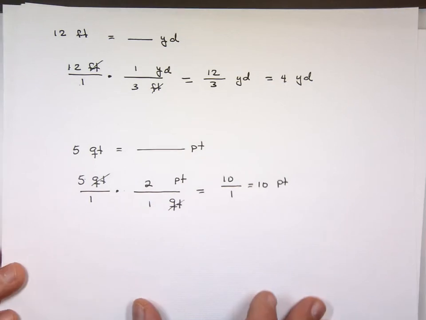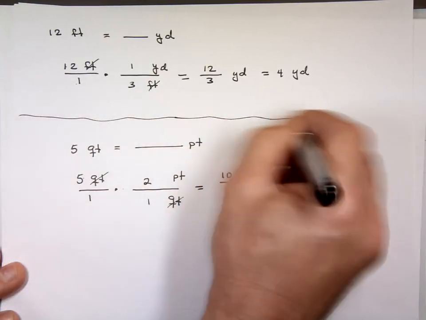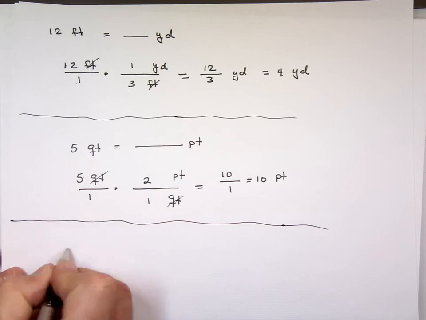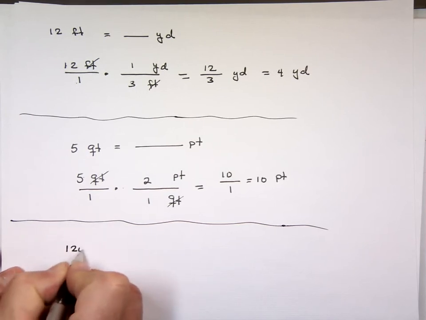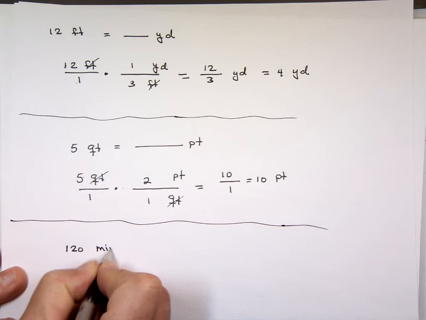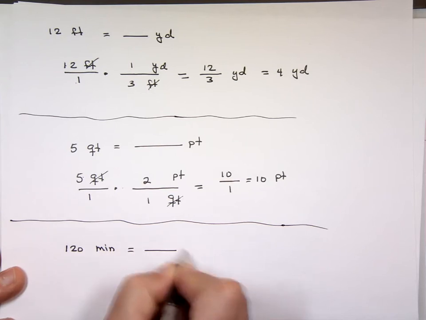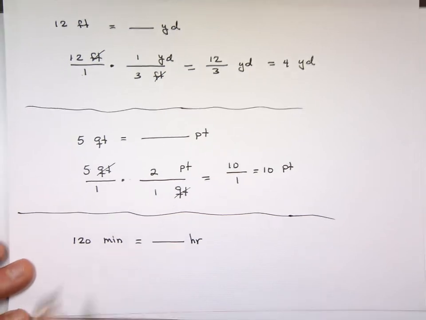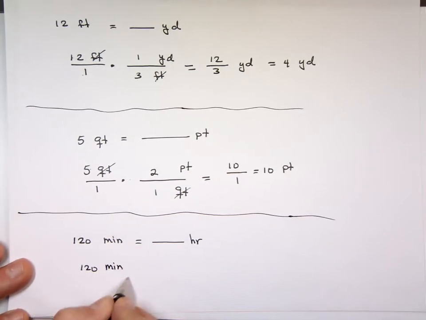Let me try another one. Let's try 120 minutes, and I want to convert that to hours. 120 minutes over 1.